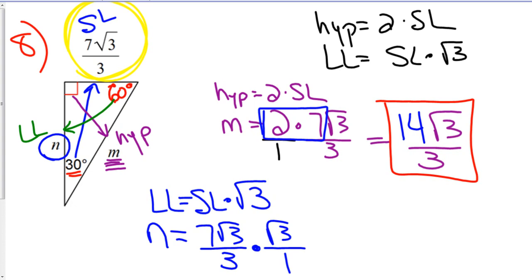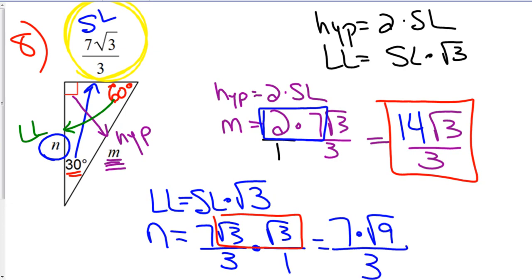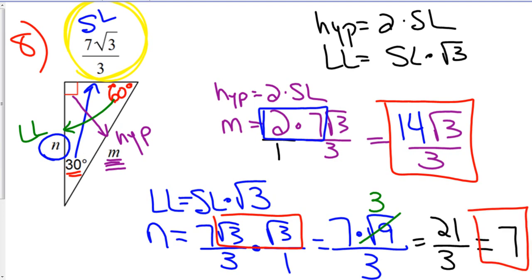These radical 3's, I am allowed to multiply them together because they're both underneath the radical sign. So this is 7 times the square root of 9, or radical 9, all over 3. And we have to remember that this square root of 9 is a 3, so this is really 7 times 3, or 21 over 3, which is our 7. So that's my answer for my long leg.